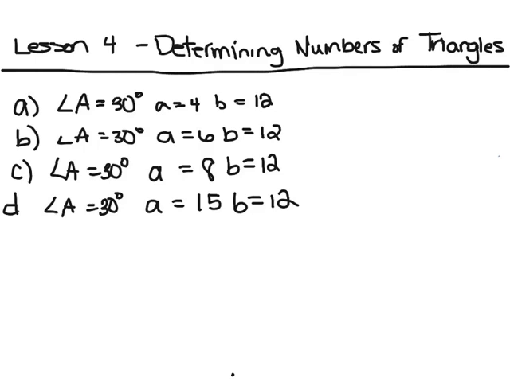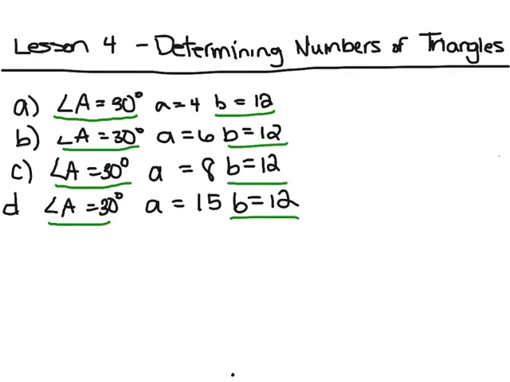So for our first example, notice that our angle is the same and the side that's not opposite our angle is the same. So we're going to first use that to calculate H. If you imagine this triangle, we have 30 here. This is our A or our H, and this side is our B, which is 12.